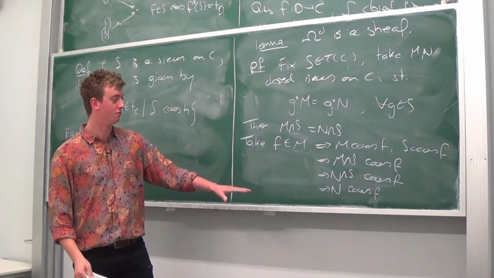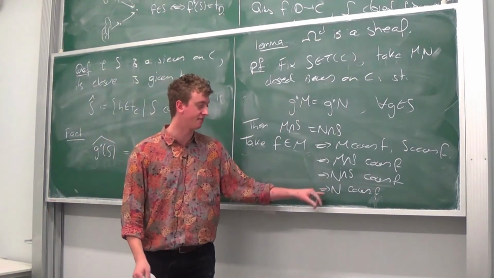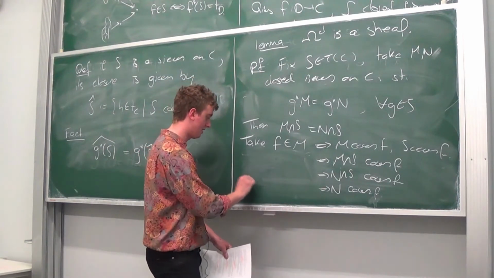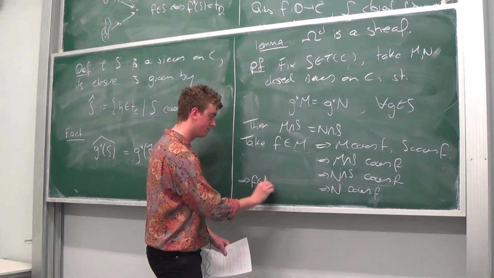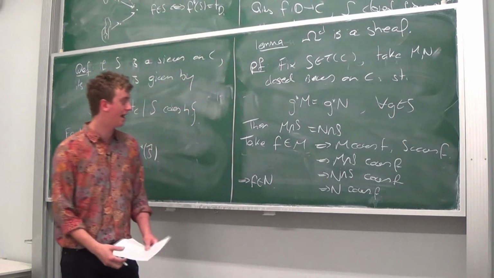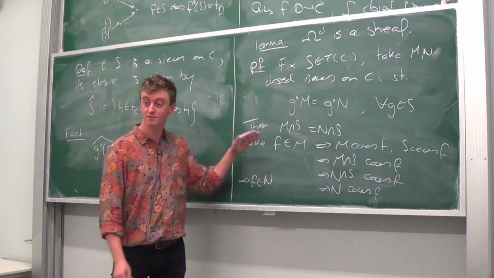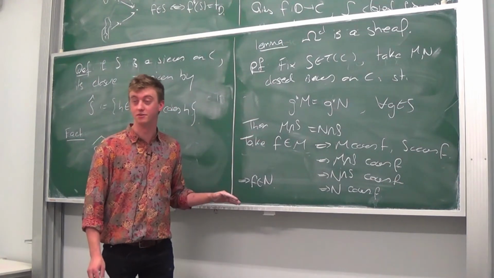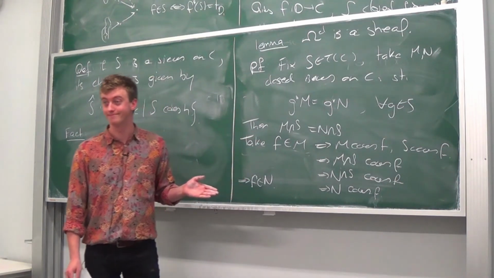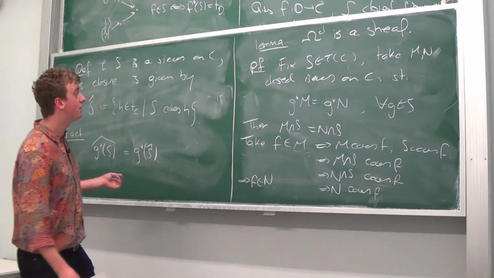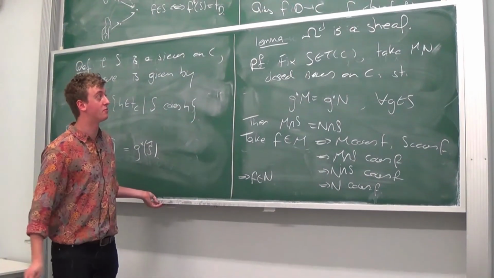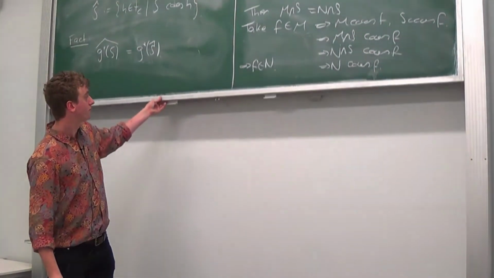But then since N is closed, this means that f is actually inside N, and this means that M is inside N. Now we can just run this argument backwards, it's entirely symmetric, so we conclude that M and N are actually equal. All right? So now we know that omega closed is a separated pre-sheaf.